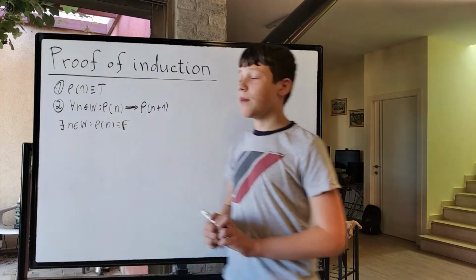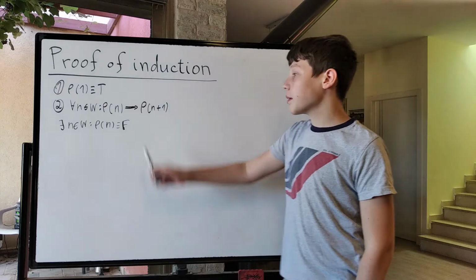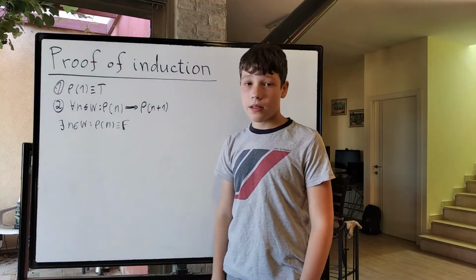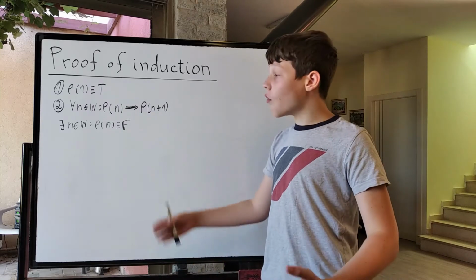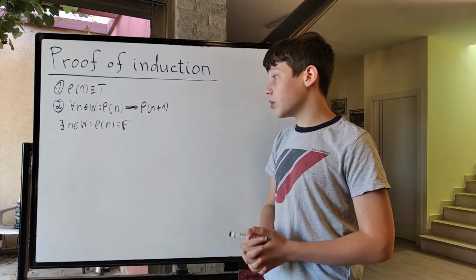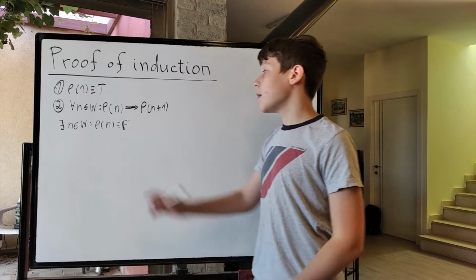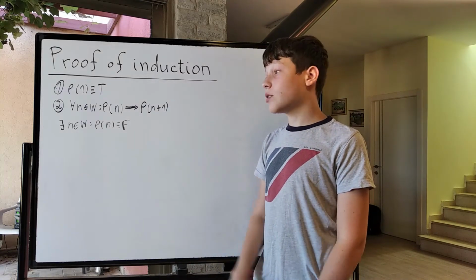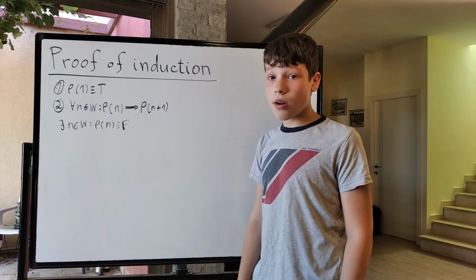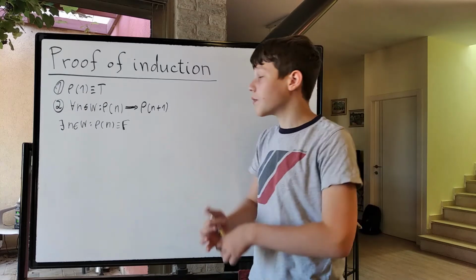Okay, so let's begin. First of all, what can we do from this statement? Well, let's maybe look at the set of all natural numbers such that for them, P of n is false, because we're assuming that there's at least one that exists. Maybe there are more, so we're just going to look at the set of all of them.